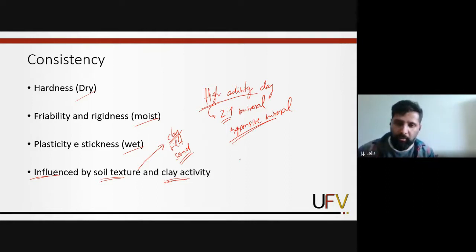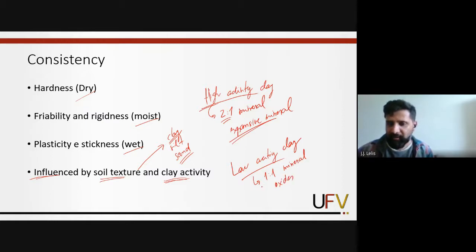And the low activity clays are those materials that have 1 to 1 minerals or oxides, like iron oxides, manganese oxides, aluminum oxides.